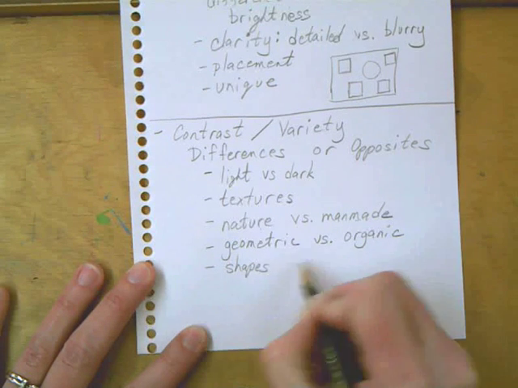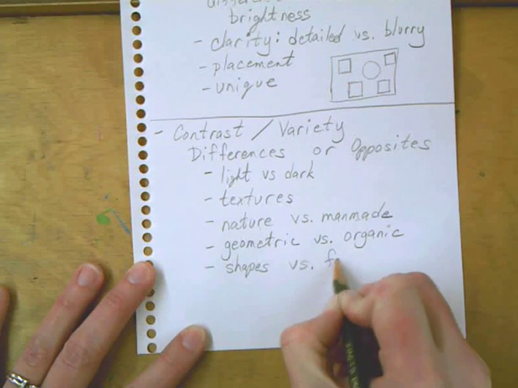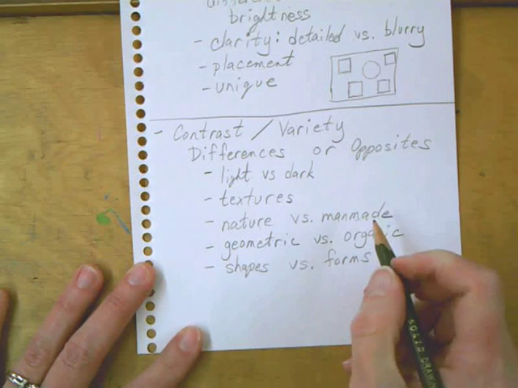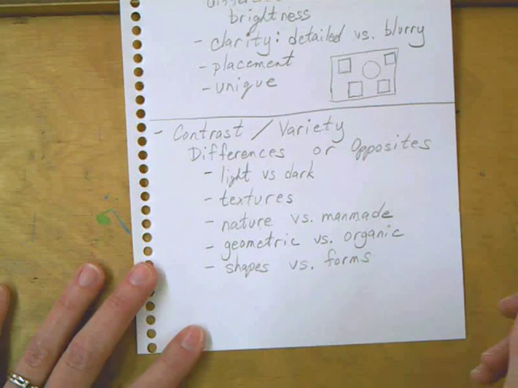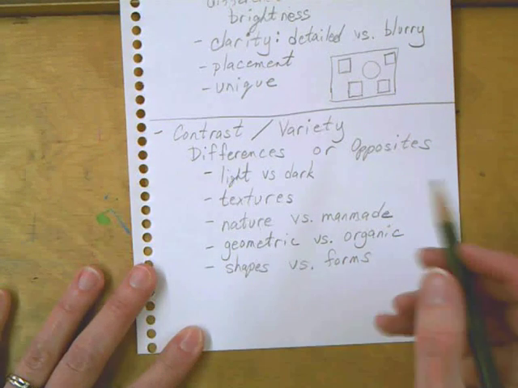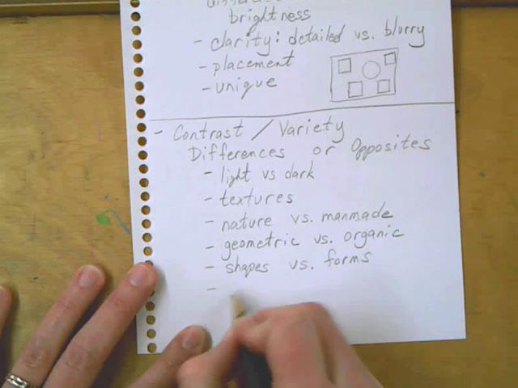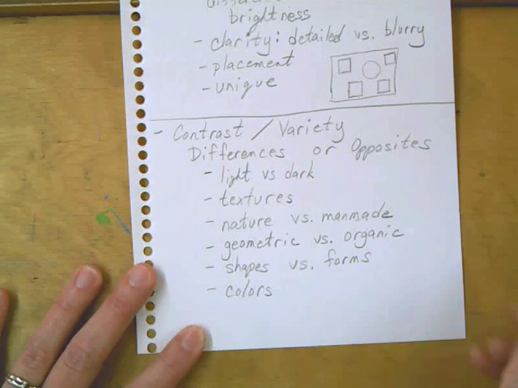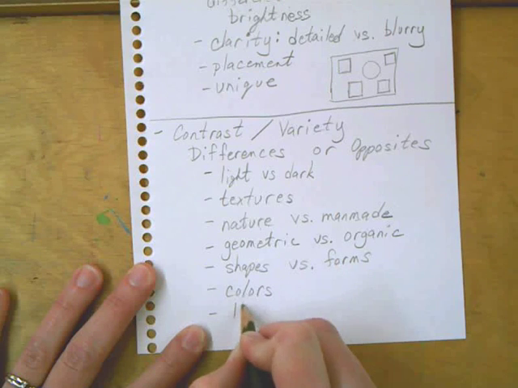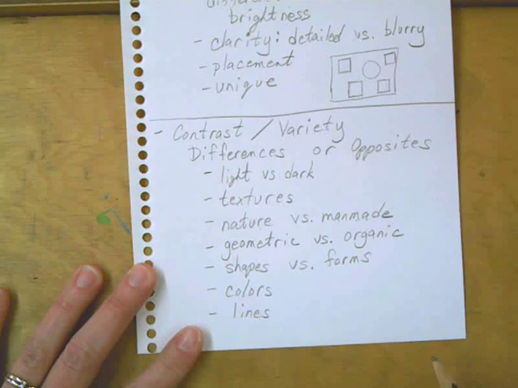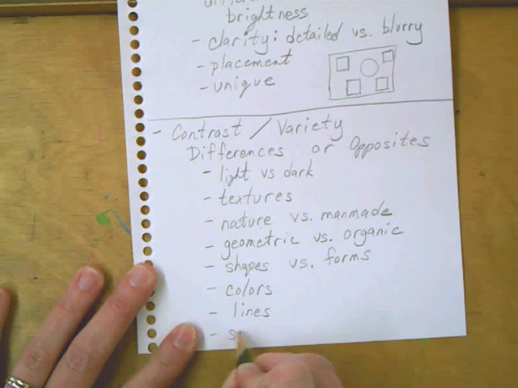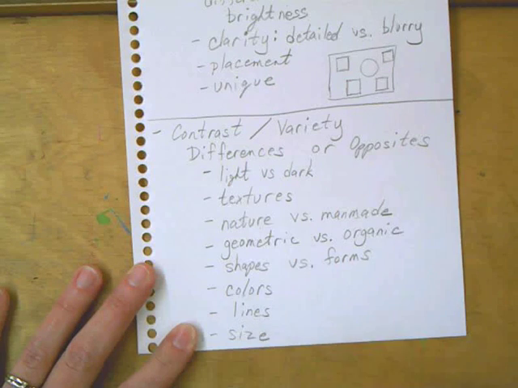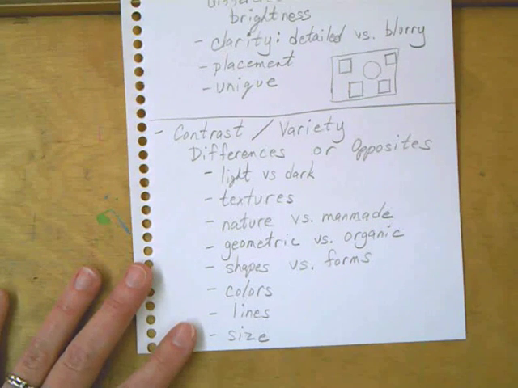You could have shapes versus forms. You could have differences in colors, differences in lines, and differences in size, just like we use for dominance.